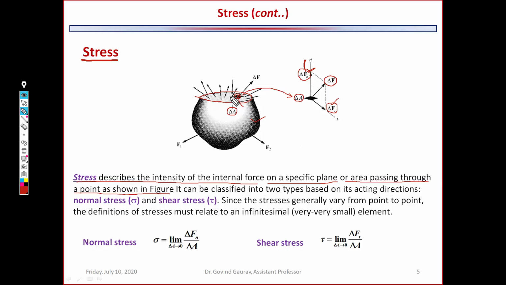Again, at this particular small area, different types of forces can be acting. The different types of forces and the corresponding stresses can be classified into two types, based upon the directions in which they are acting.